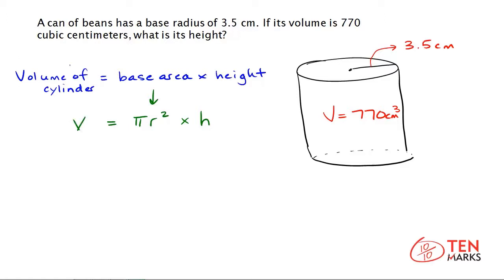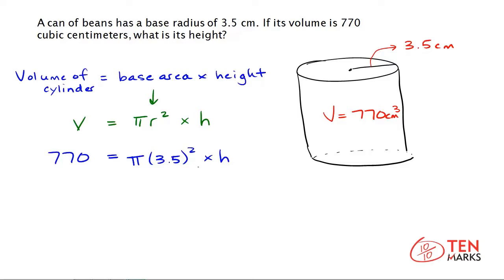Now substitute in the values that you know. You know the volume is 770 cubic centimeters, and I'm just going to work with the numbers and we will come back to the units later. So 770, that's the volume, equals pi, that's a constant, and now you have r squared, so radius squared, and you know the value of that, it's 3.5, so pi times 3.5 squared times h. And h is what we want to solve for.